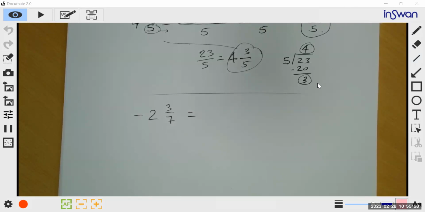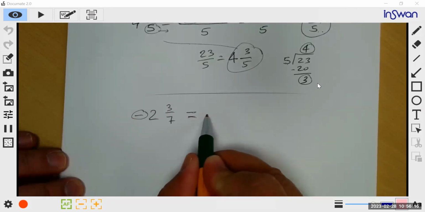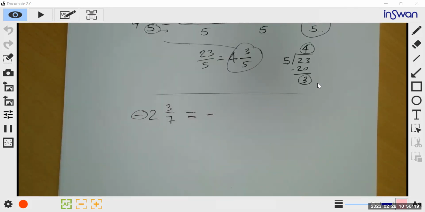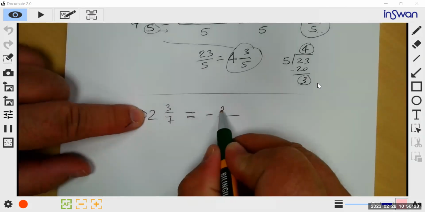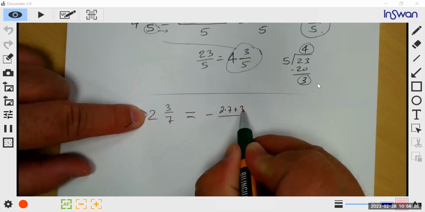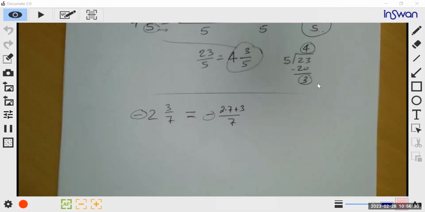I don't know. You tell me. The question was, is the answer negative? Well, it better be, because if it's negative here and they're equal, it better be negative there. So we know the answer is negative. So do 2 times 7 plus 3 over 7. Just put the negative out in front.